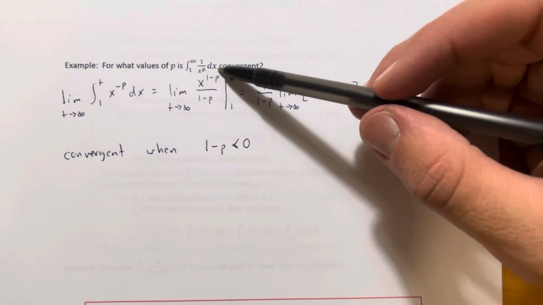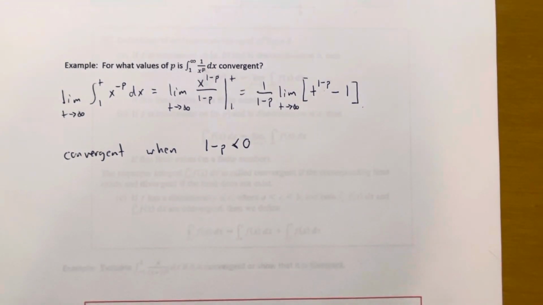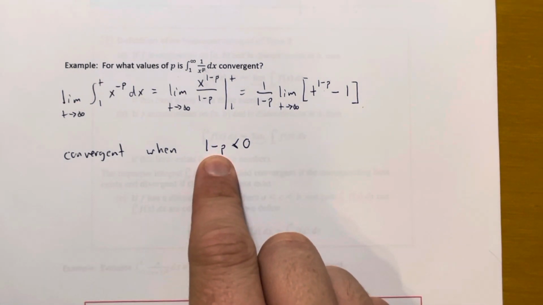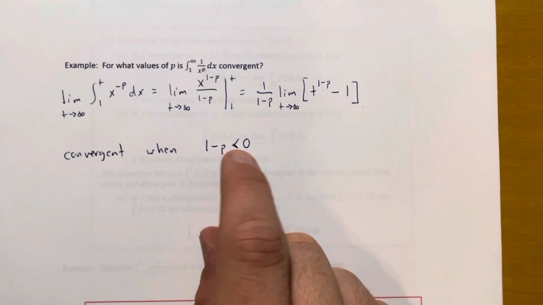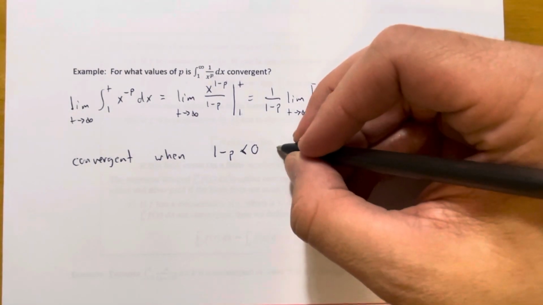But that integral does not have this thing as an antiderivative. It has the natural log function as an antiderivative. And we've actually done that improper integral already. It was our first example. We've shown that that is a divergent integral. So we know that this can't equal 0 because we've already dealt with that case. It has to be less than 0 if this is going to be convergent.